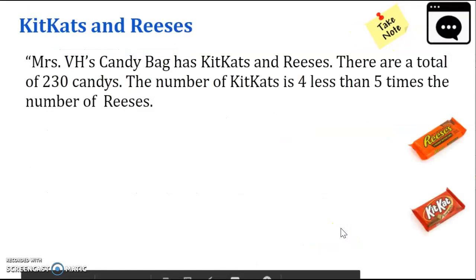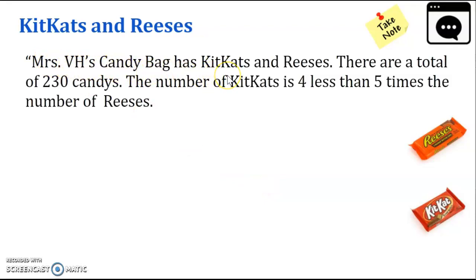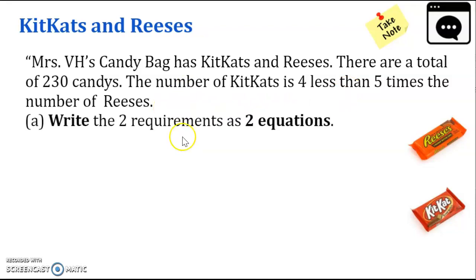Okay, so this is an extension problem that we probably won't be able to go through in class, but I thought this would be fun to try. Mrs. Van Horn's candy bag has Kit Kats and Reese's. Yum. There are a total of 230 candies. The number of Kit Kats is 4 less than 5 times the number of Reese's. Okay, so first you're going to come up with the two equations that represent this situation.